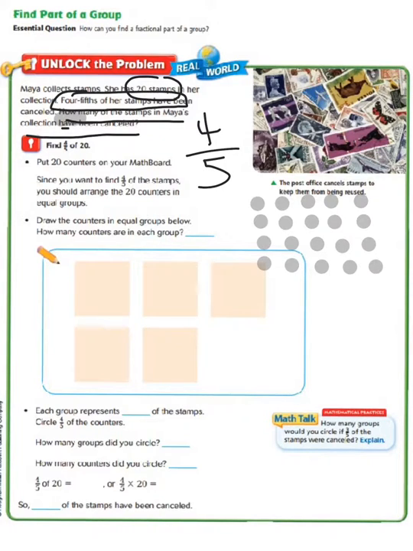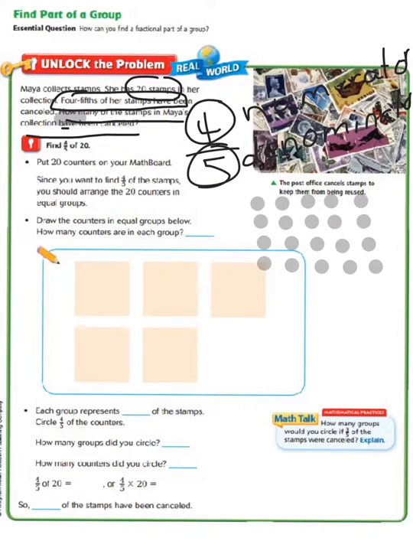And if you remember from previous lessons, the top number in our fraction is called the numerator, and the bottom number in our fraction is known as the denominator. It is the denominator that tells us the number of equal groups that we should have. So our denominator is 5.